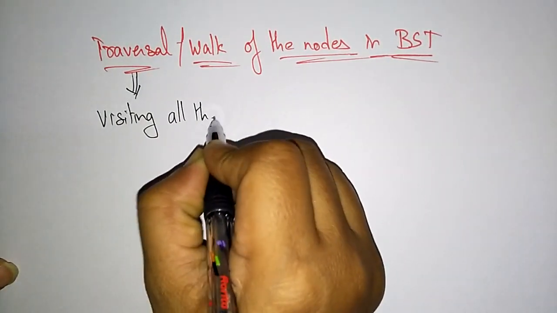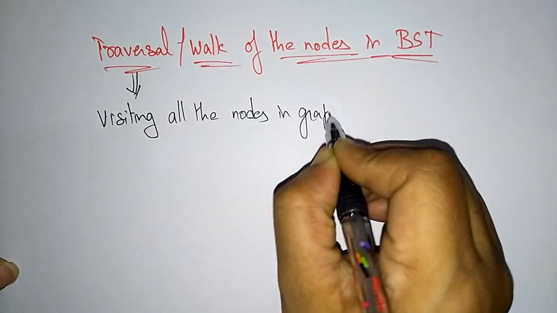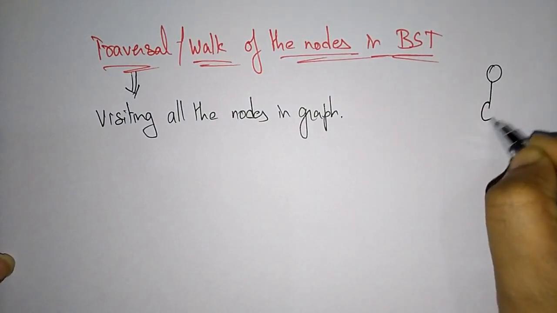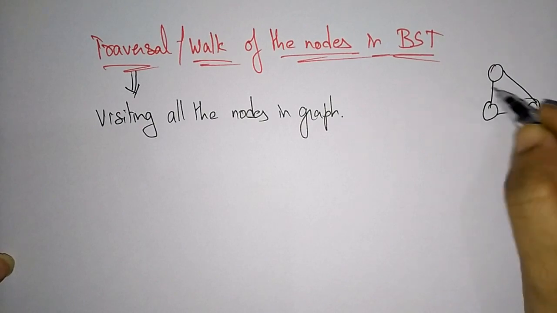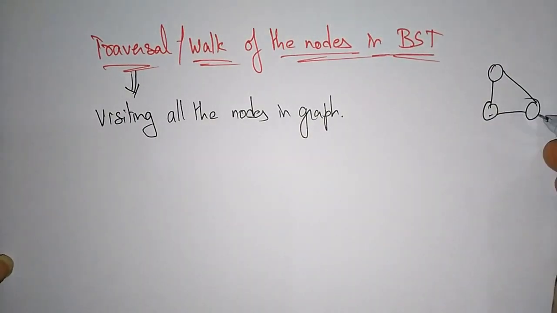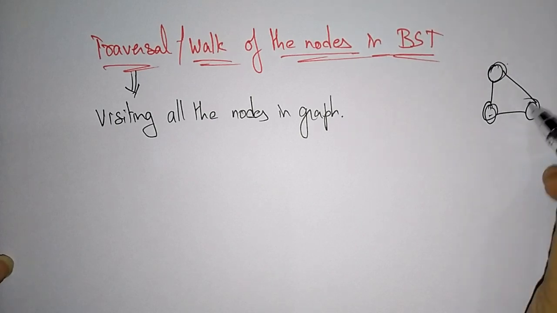A graph is just connected nodes with vertices and edges. So a traversal means visiting all the nodes in the graph.